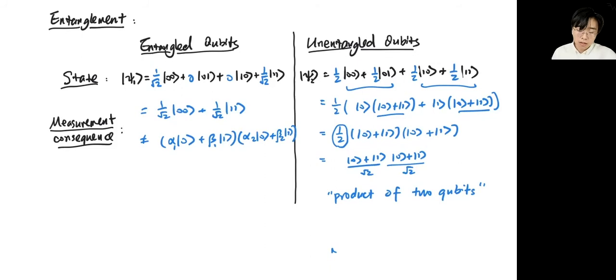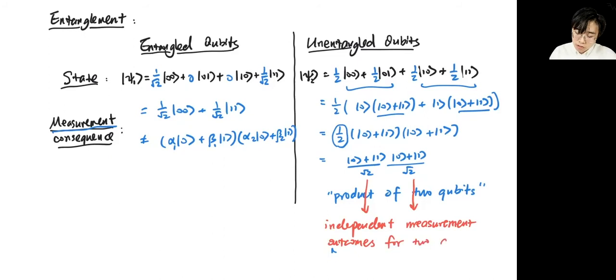Okay, so now let's take a look at the measurement outcome for the two states. Let's get back to the unentangled qubits on the right-hand side. If we can write them as a product, then measurement becomes independent. So the consequence is that we have independent measurement outcomes for the two qubits.